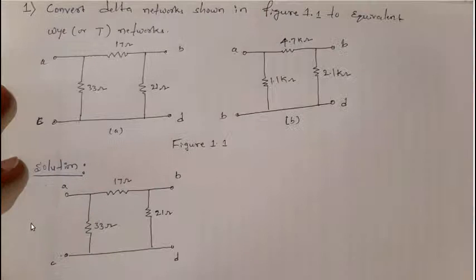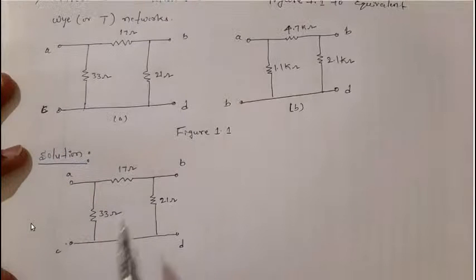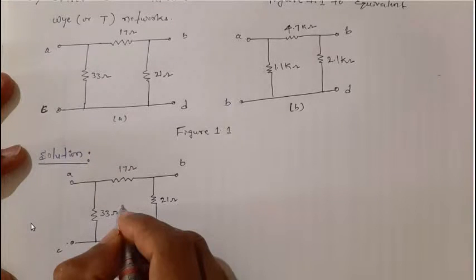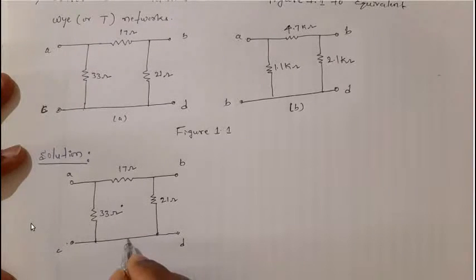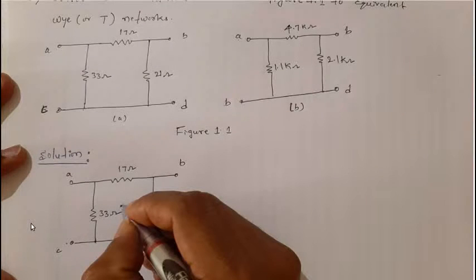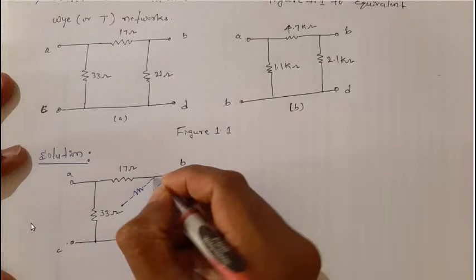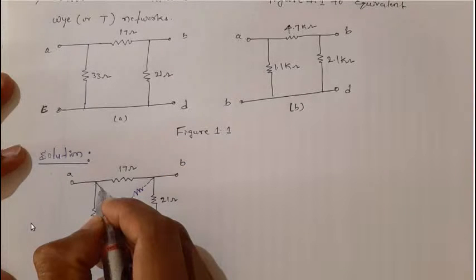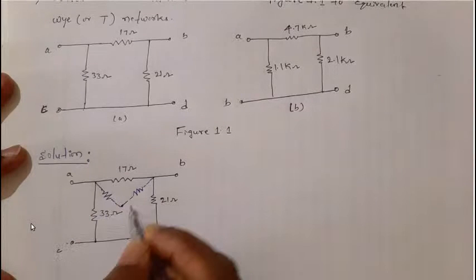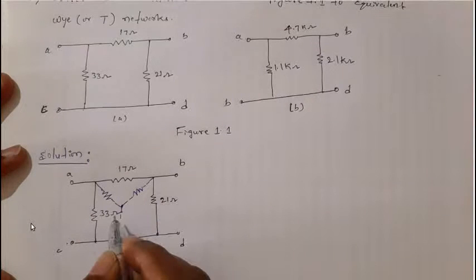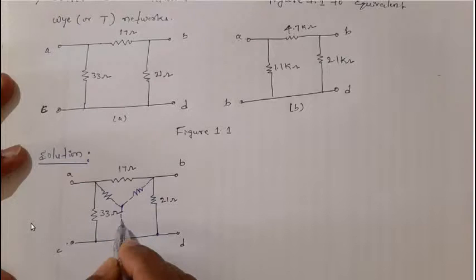This network has to be converted to an equivalent Y or T network. How do I convert? This point, this and this, are the same point only. Instead of saying C and D, we can just say C, it doesn't make any difference. Here I am going to convert this to an equivalent Y network. This dashed line indicates the network I am converting, meaning the equivalent of this network.